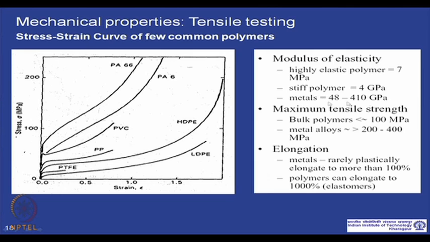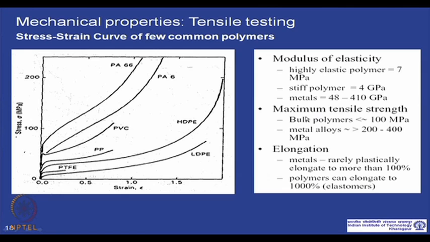So, in applications where the part has to hold a very high load, polymer does not fare well. So, metal is the choice of material in those applications.